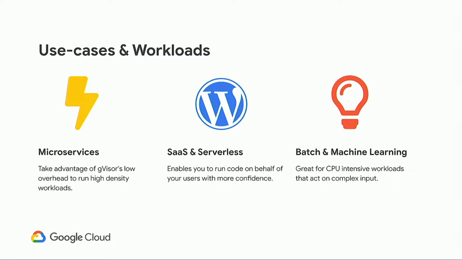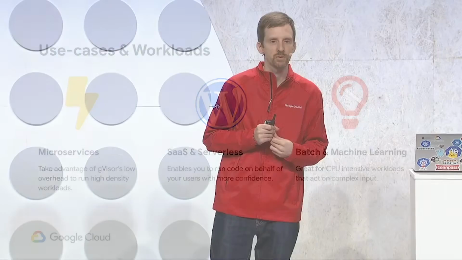It's also really good for batch and machine learning workloads. Because gVisor is running as a user space kernel, it's running directly on the CPU, and so CPU-intensive workloads work really well for it. It also is really good for applications that run on complex user input, so user input that comes into the application and gets processed.